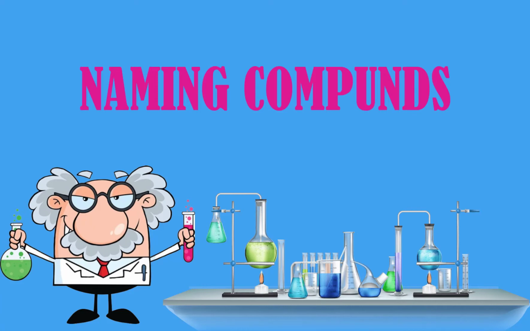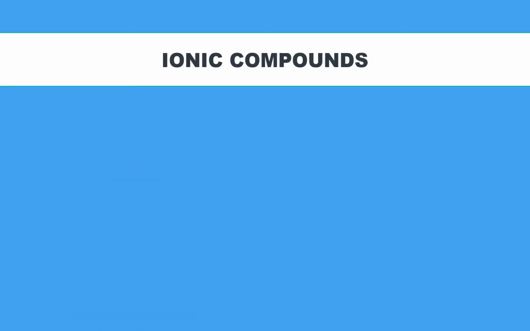As mentioned before, ionic compounds show the numerical charge of each atom. So we can name the compounds by also stating the charge that they have.